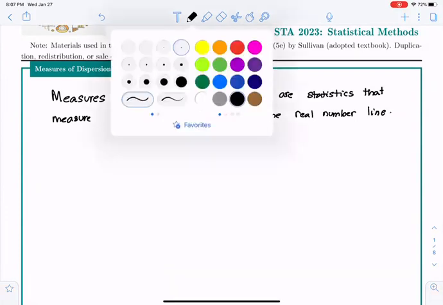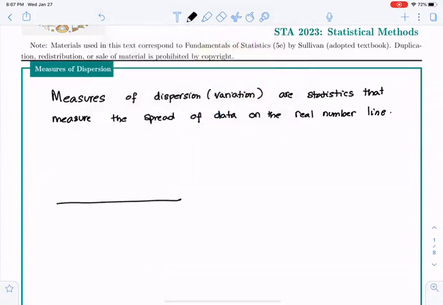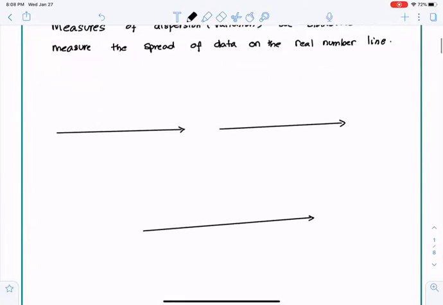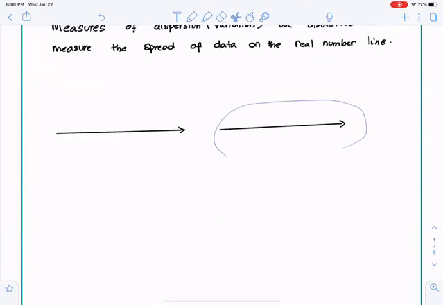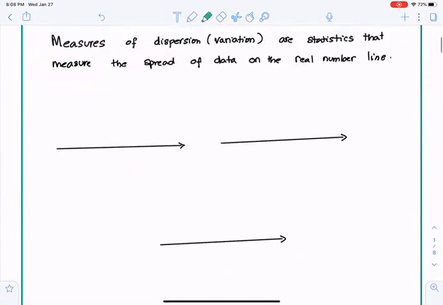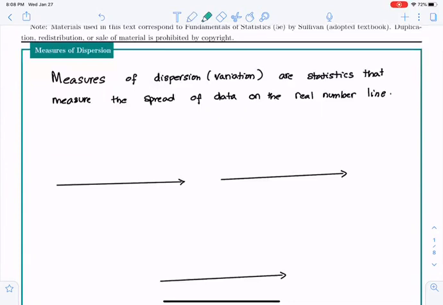So I'm going to take two cases. Maybe go for three. Let's take case one, and each dot represents an observation. If I pile on observations, it simply means we have more data points from that interval.